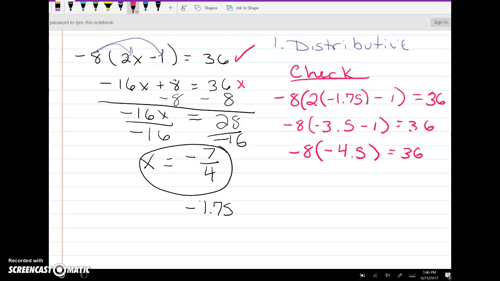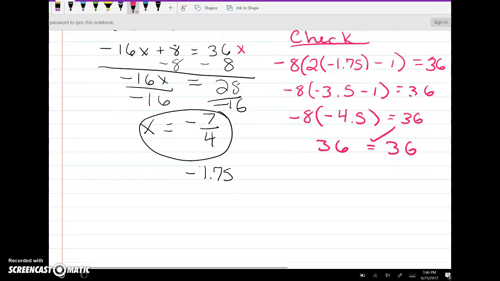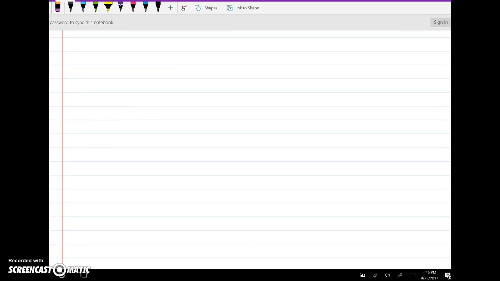Then we're going to go ahead and multiply that negative 8 times 4.5, and we're going to get 36, which equals 36. Remember, it's positive because the negative times the negative is positive, and there we go. Our work is correct.